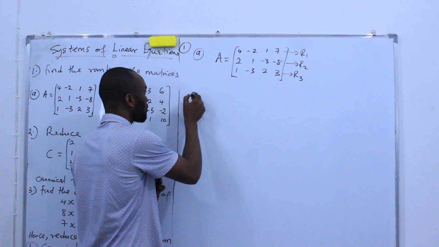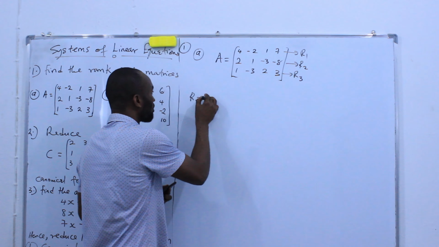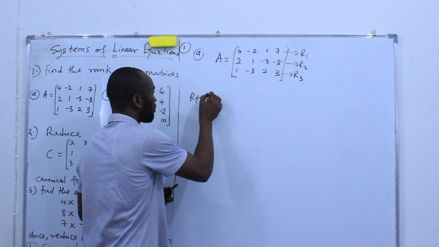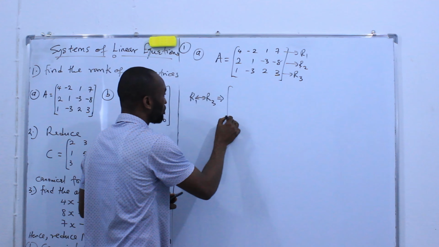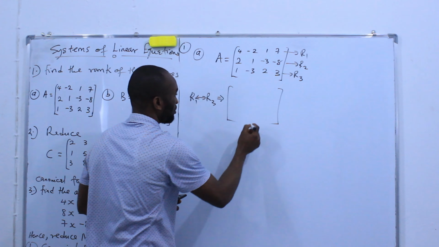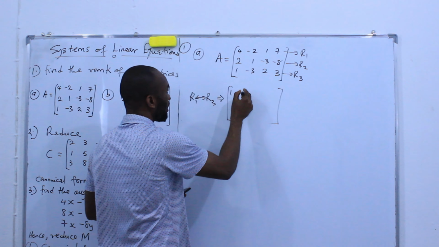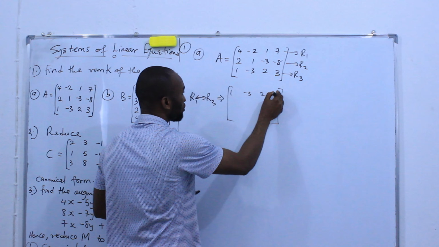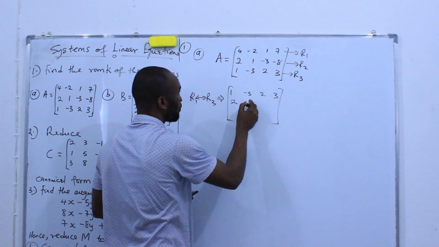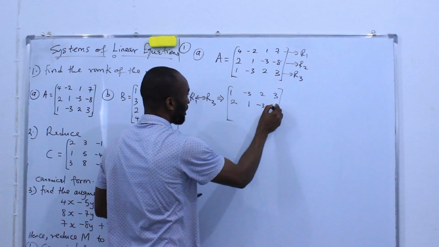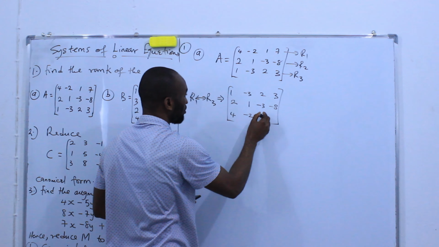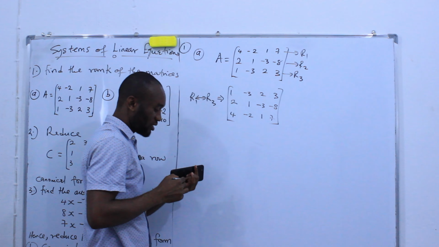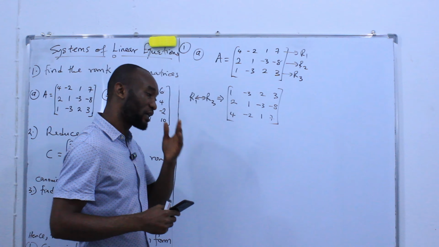That is swapping rows. Swapping row 1 and row 3 will yield this: 1, minus 3, 2, 3; 2, 1, minus 3, minus 8; and then 4, minus 2, 1, 7.